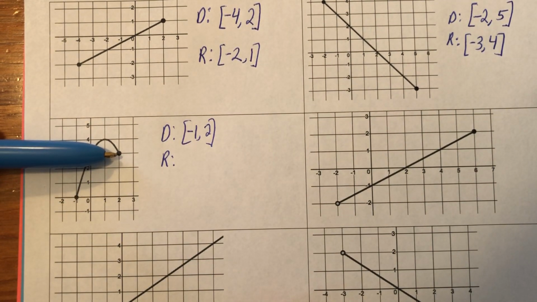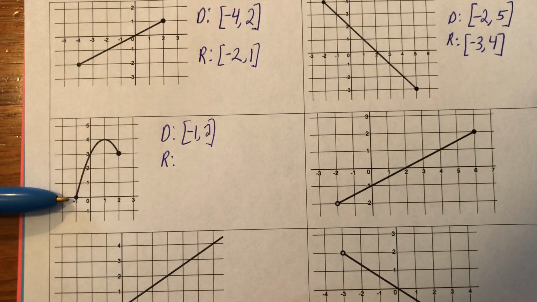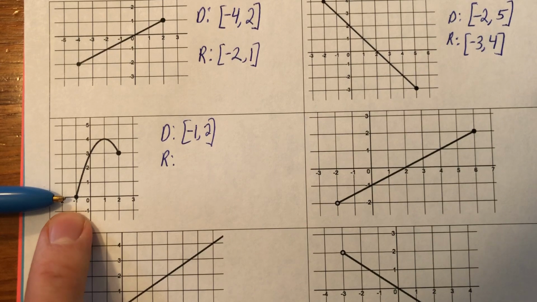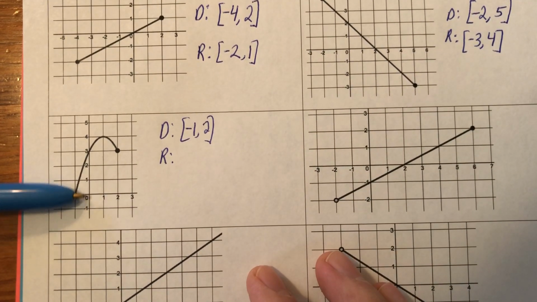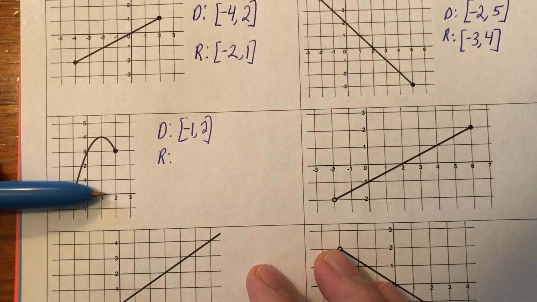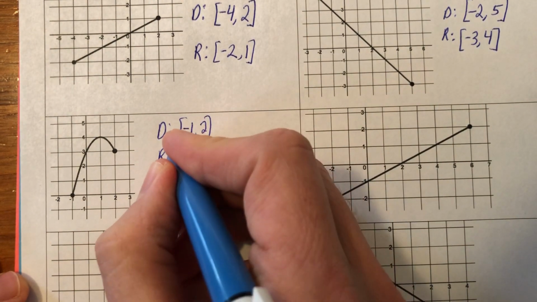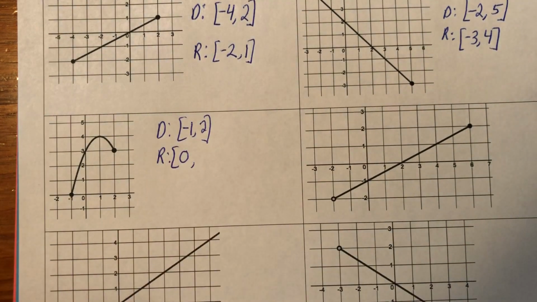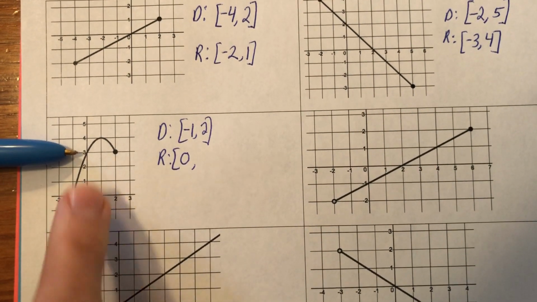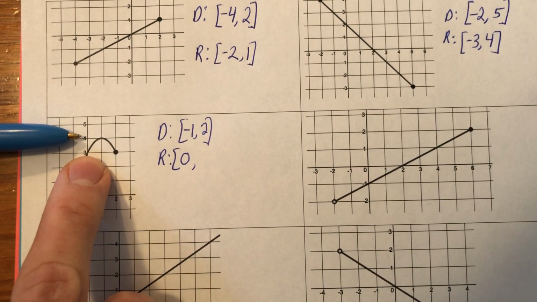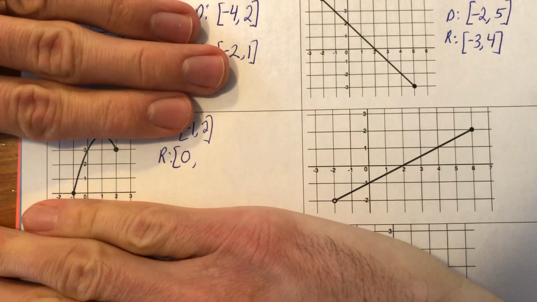Let's start here for sure. What is the y value here? You might be tempted to say -1 because you're looking at that number, but the y value on the y-axis is actually 0. So this graph goes from 0, including 0, all the way up to 4.